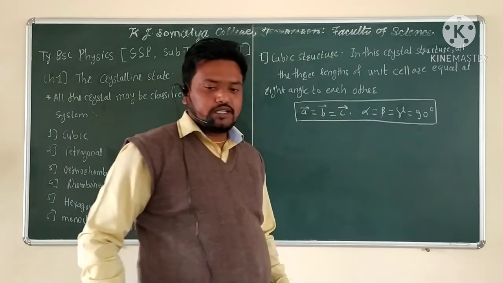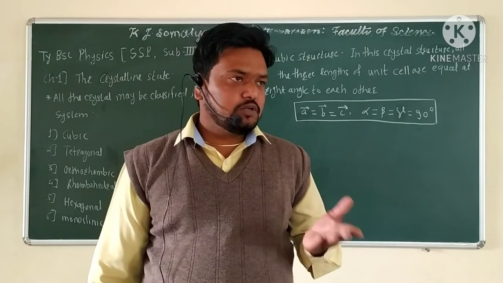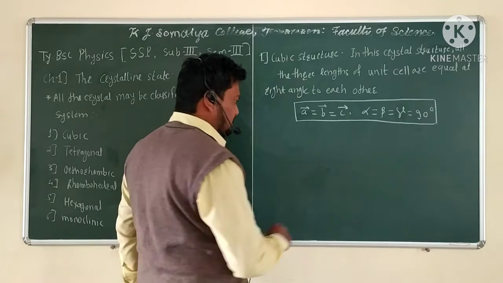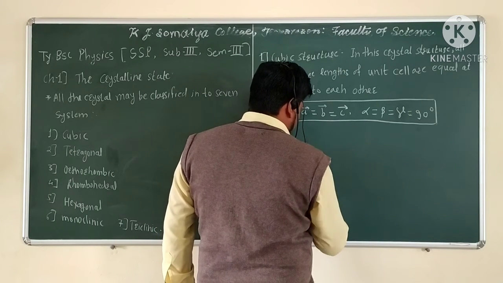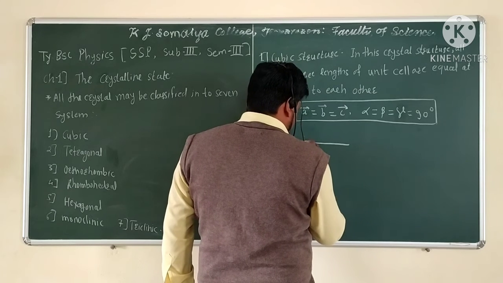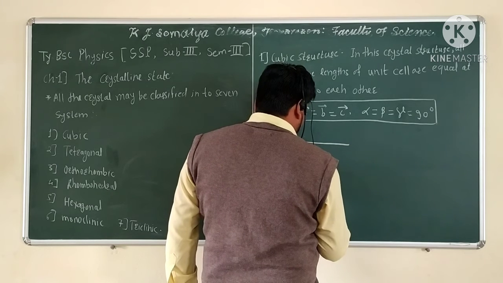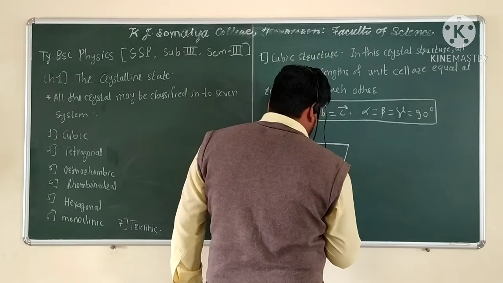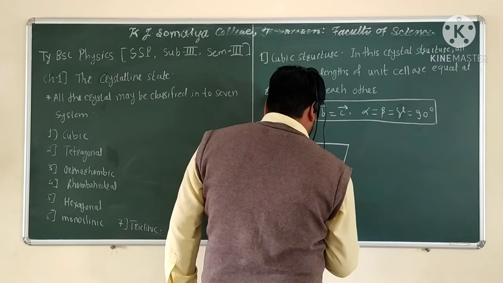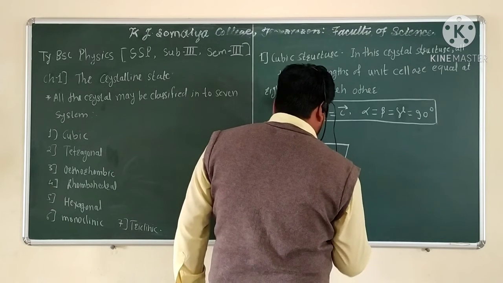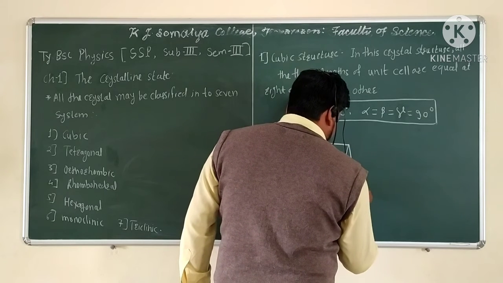If we look at the detailed structure of the simple cubic, the lengths of vectors A, B, and C are equal, and the angles alpha, beta, and gamma are 90 degrees.